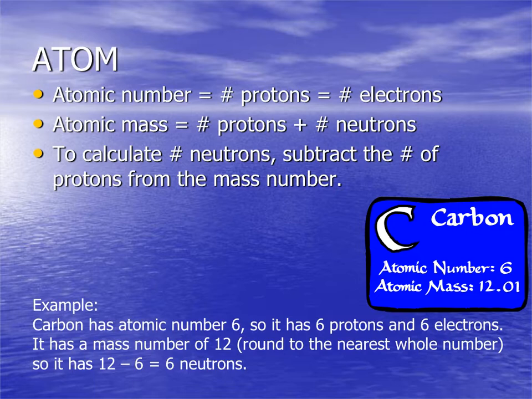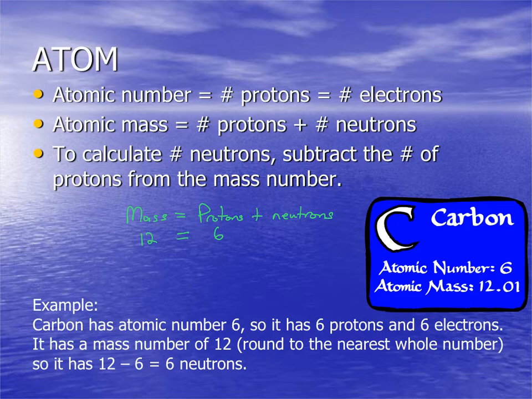Okay, so what's key here is that the atomic mass, and I'm going to go ahead and put mass number, atomic mass, is equal to protons plus neutrons. All right. So if I give you the mass number and I tell you it's 12, and I tell you the proton number, I tell you it's carbon, so you can look it up on the periodic table, but it's 6 plus 6.